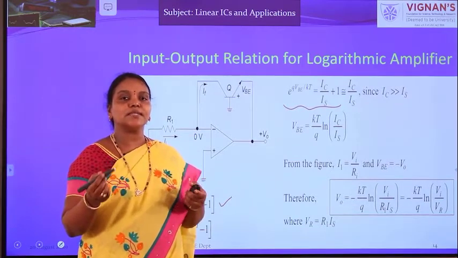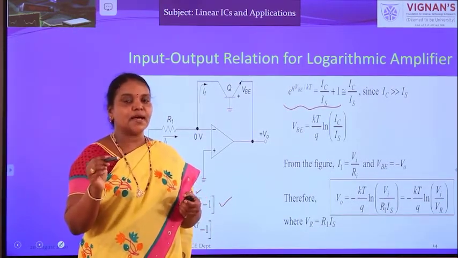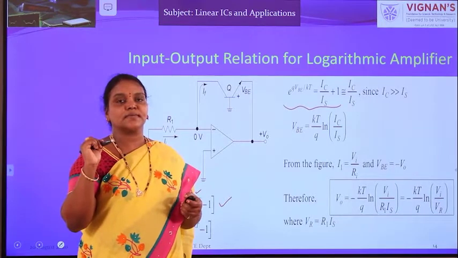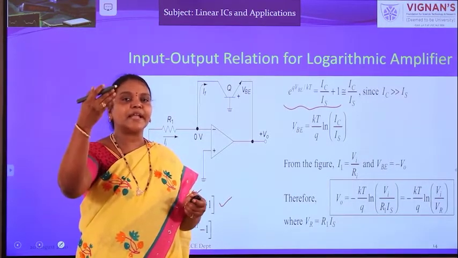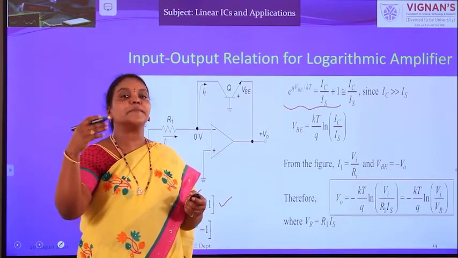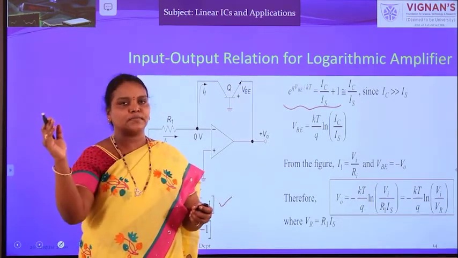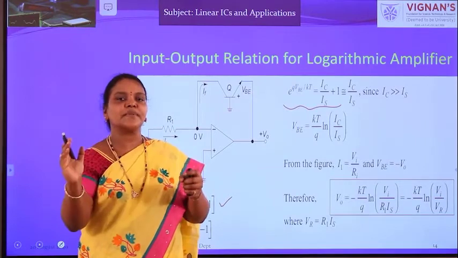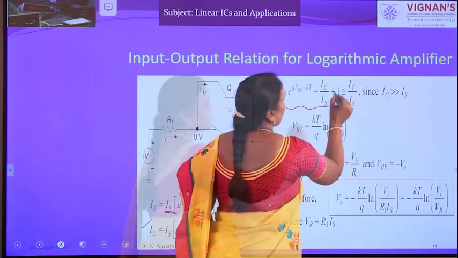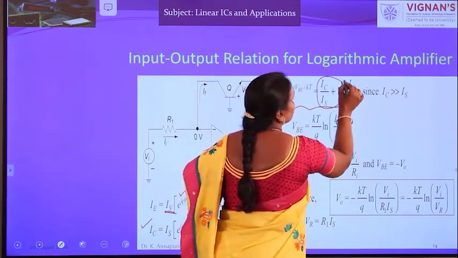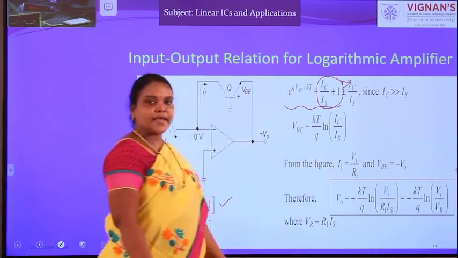Why is it very large? IC is in milliamperes, IS is in picoamperes. So 10 power minus 3 by 10 power minus 12 results in 10 power 9. So 10 power 9 is very large compared to 1. So 10 power 9 plus 1 is still 10 power 9. So IC by IS plus 1 can be written as IC by IS.